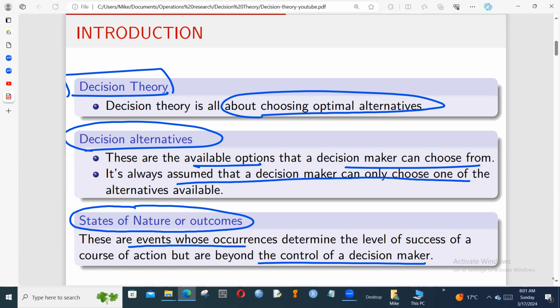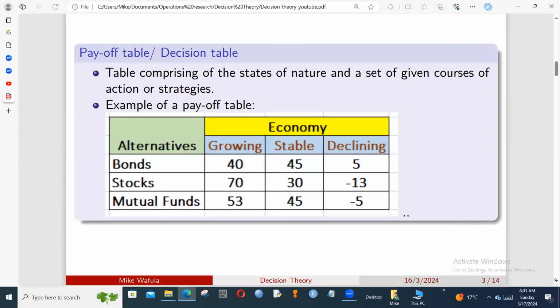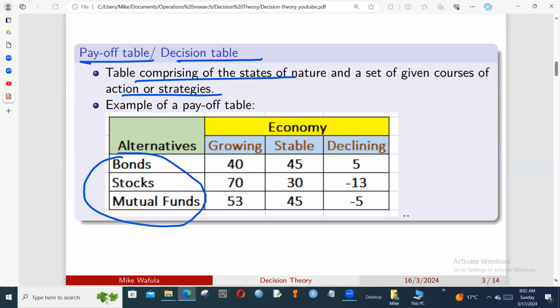I can highlight this better using a table in decision theory that we call a payoff table. A payoff table is a two-way table that comprises states of nature and decision alternatives or strategies. Like what I've displayed here, these investment options, whether somebody may want to invest in bonds or stocks or mutual funds, are what we call decision alternatives.